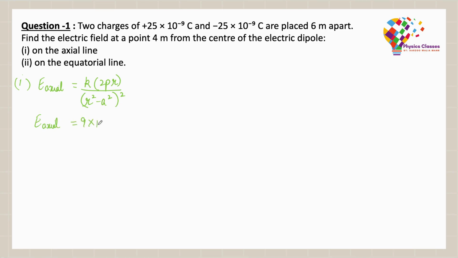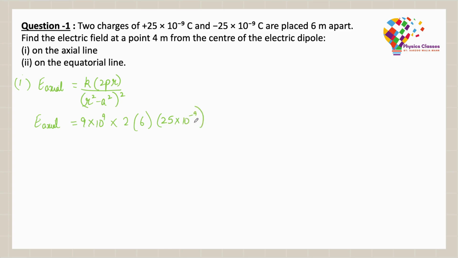So the value of K is 9 into 10 to the power 9. The dipole moment is 2AQ, you know that. So this would be 2A, and the distance 2A is given to us as 6, and the charge is given to us as 25 into 10 to the power negative 9.